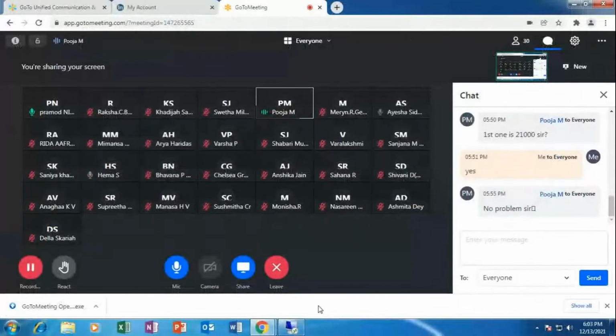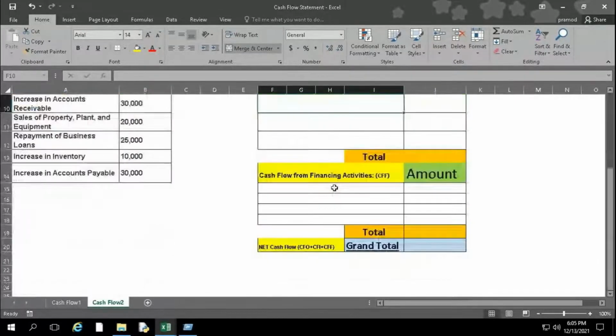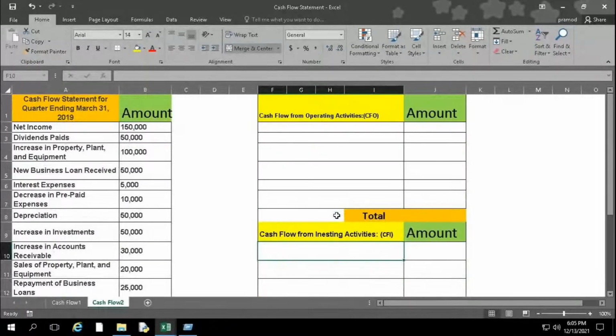Interest expenses is an operating expense, no, sir? So we have to deduct that. Interest is what you are paying, so it should be minus. It is an expense in CFO.